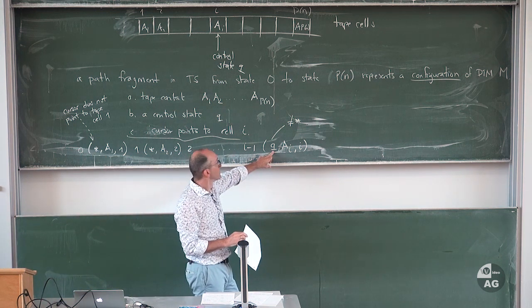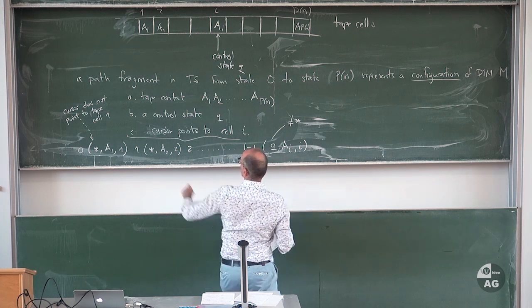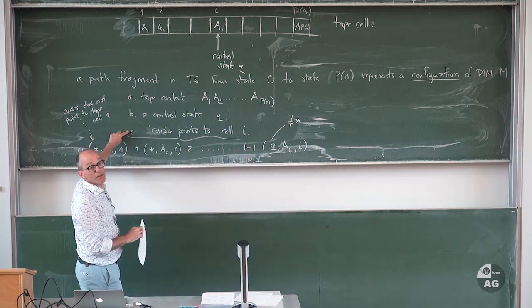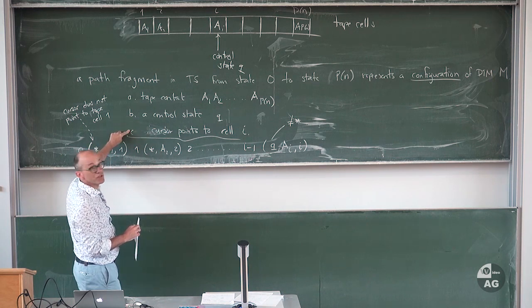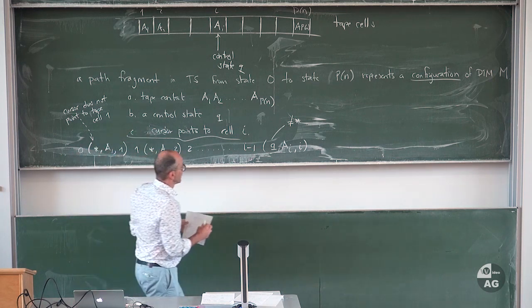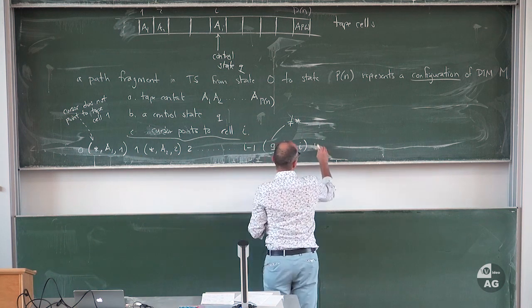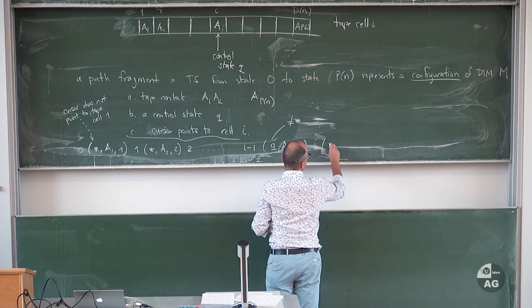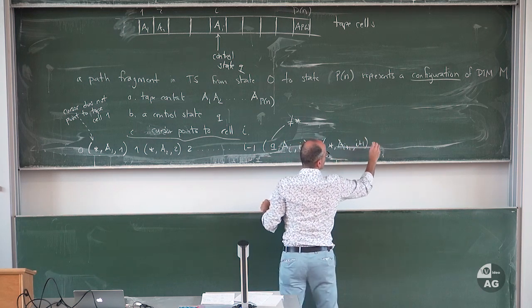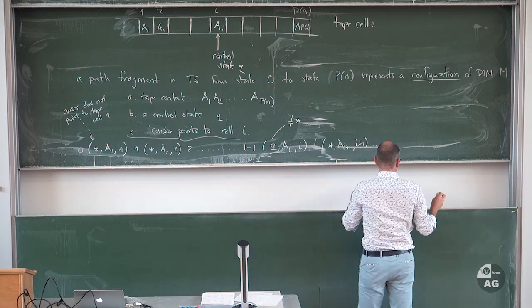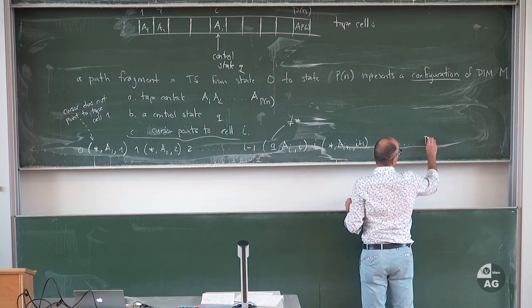So this means basically both at the same time: the control state is Q and we're pointing to cell I. And then we have star, A_(I+1), I+1, etc., and this goes on up to P(n).